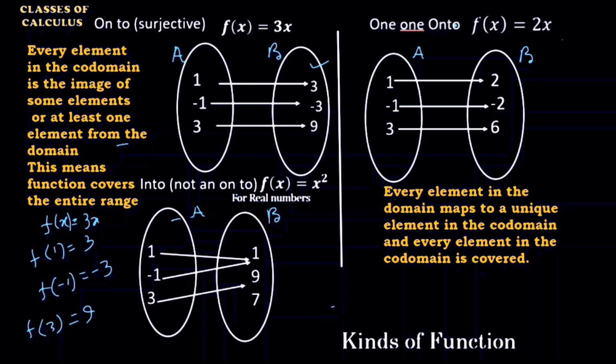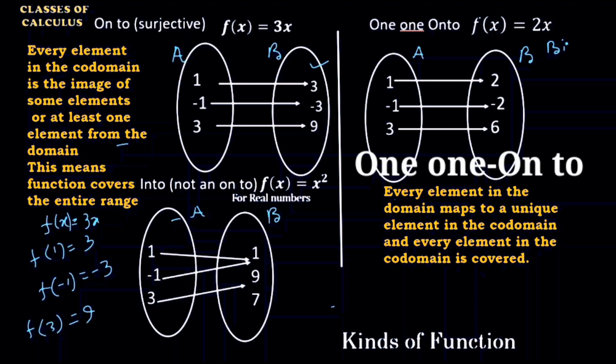Now let's talk about one-one onto function. This is also called bijective. A bijective function is a combination of two functions, one-one and onto.